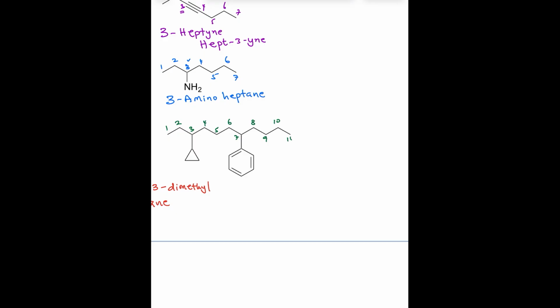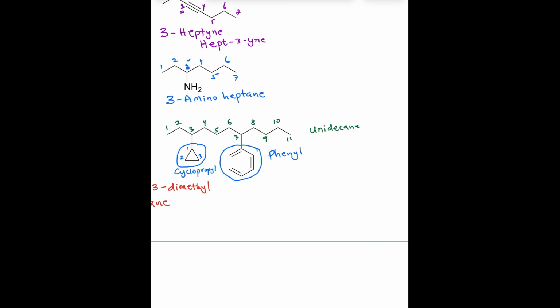So that's undecane for 11 carbons. And then we have this aromatic system from benzene ring, and when it's a side group, it becomes phenyl. And then we have this 3-membered ring, so it's 1, 2, 3 with carbon, so that's cyclopropyl group.